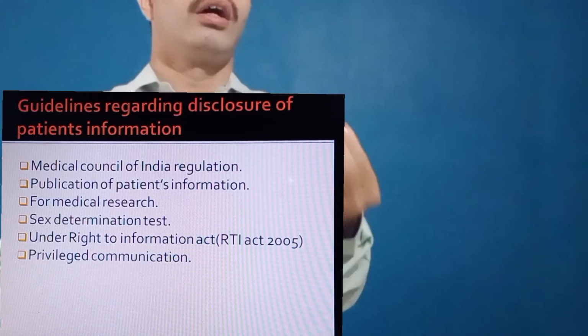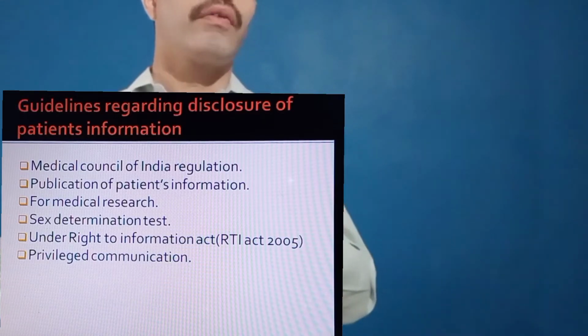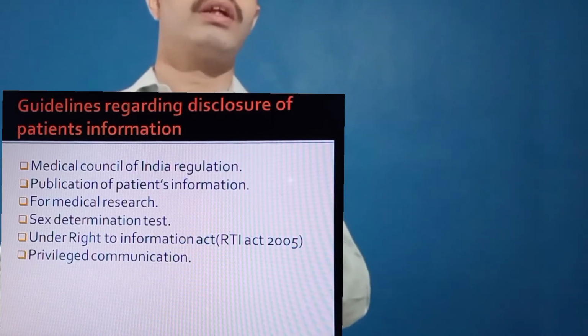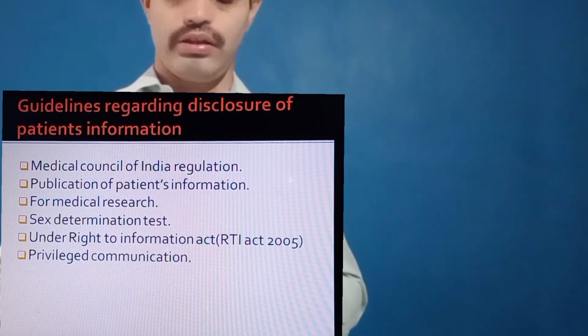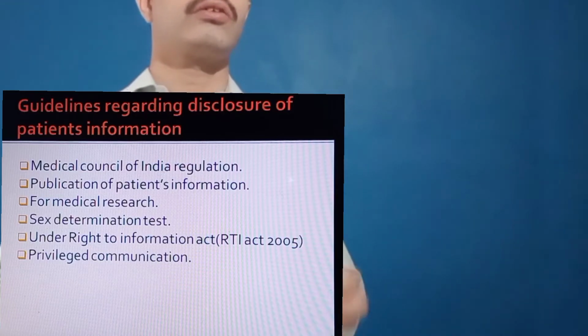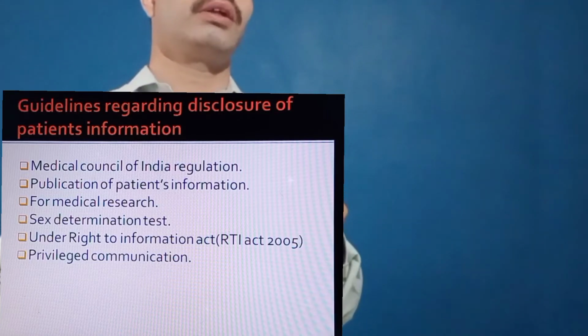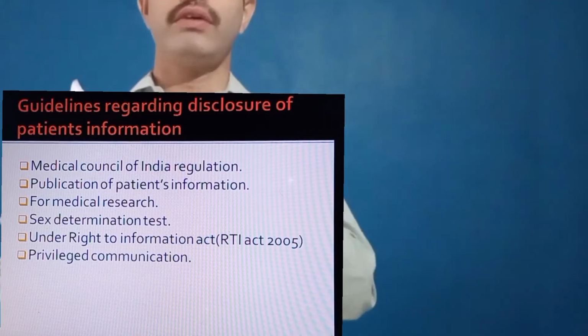So here it is very clear that you cannot refuse to give the medical record of the patient for the reason of confidentiality. Then the second thing is about publishing. Sometimes we are getting very good results in some patient who is very difficult to cure.